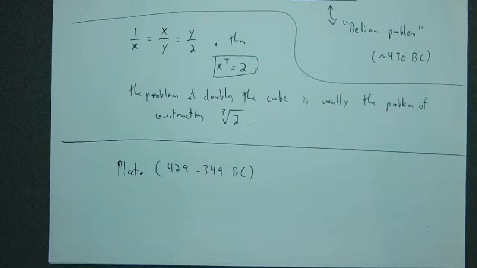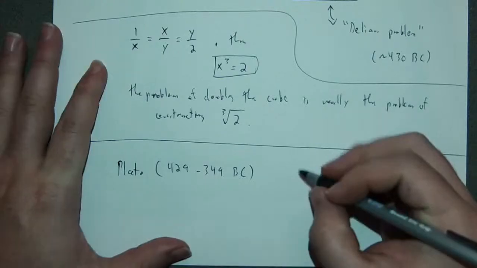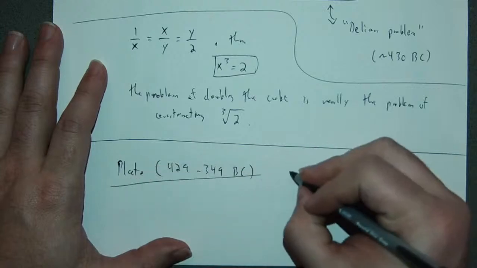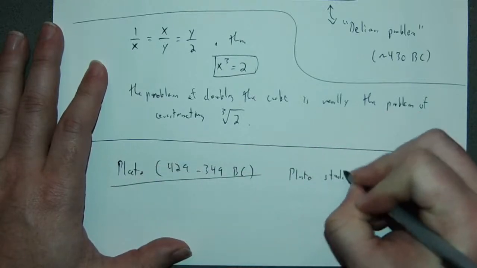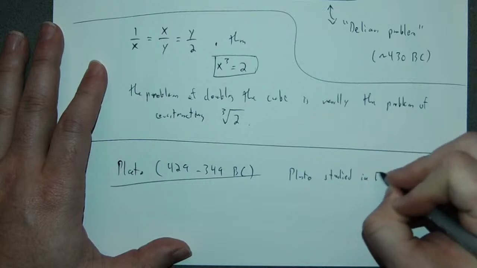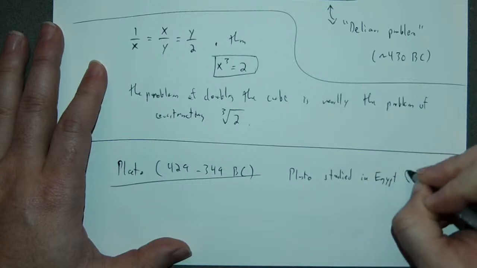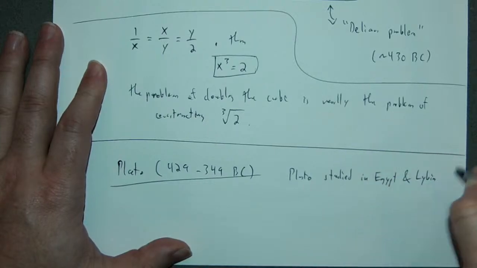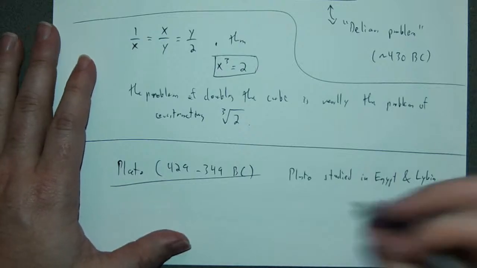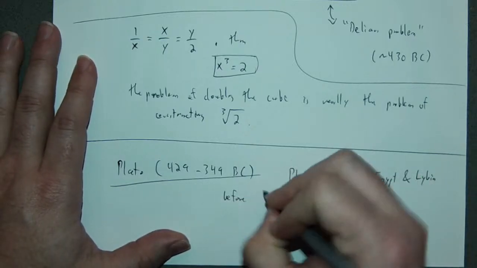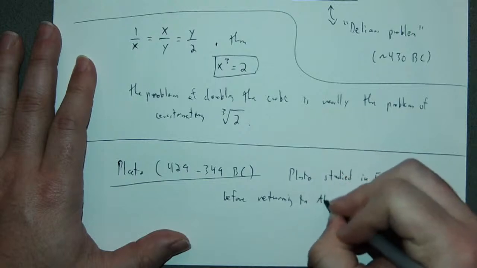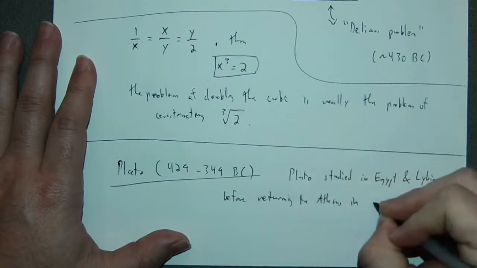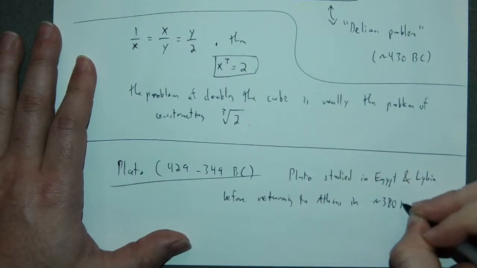By the time Plato returned to Athens around 380 BC, Plato had studied in Egypt and Libya before returning to Athens in 380 BC and founding the academy.